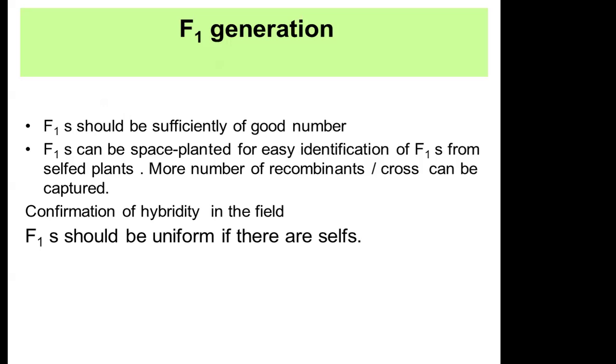Otherwise, if there is some doubt, we just keep it away and raise it separately. We consider F1s to be uniform, but usually in the field we see many selfs intermittently. So it is always better to individually observe each and every plant during the crop growth period as well as at the time of harvest.